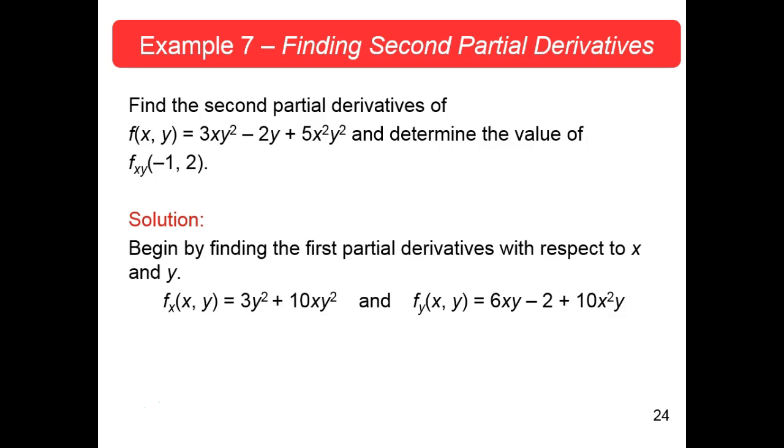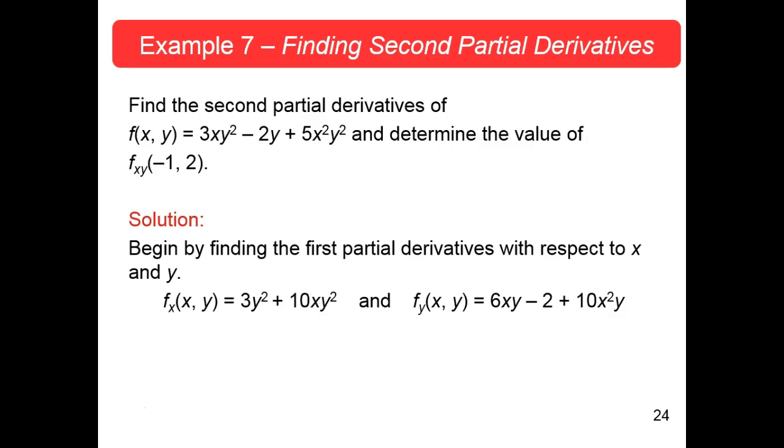Okay? Partial of this with respect to x is what? 6. Well, the 3x. Yeah, 6. Partial of that with respect to x. 6. That's with respect to y. With respect to x, you treat the y as a constant and take a derivative with respect to x.